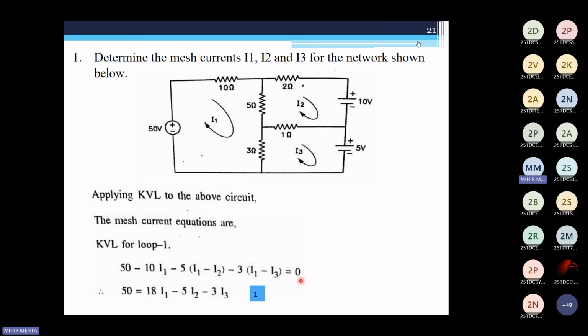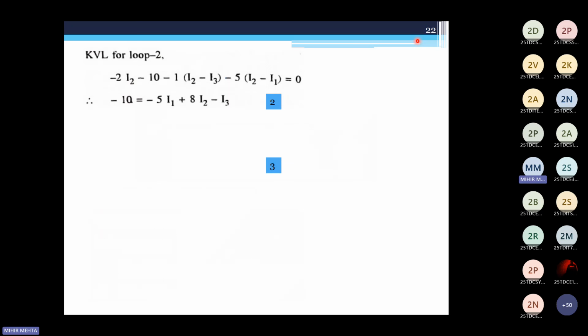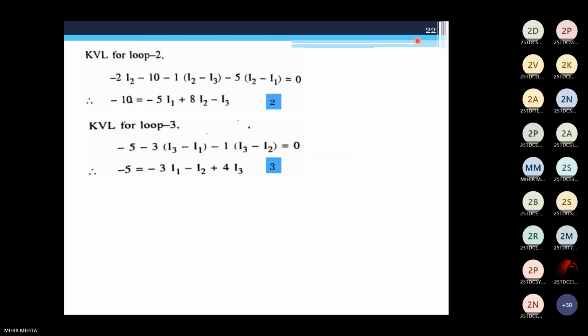Okay. So I presume you might have written your equations. Now let's have a look at the equations that are being formed. Please check your equations, whether you are getting the same equations or not.